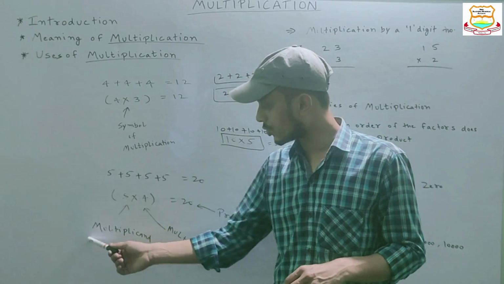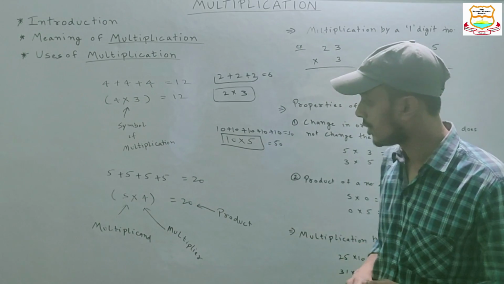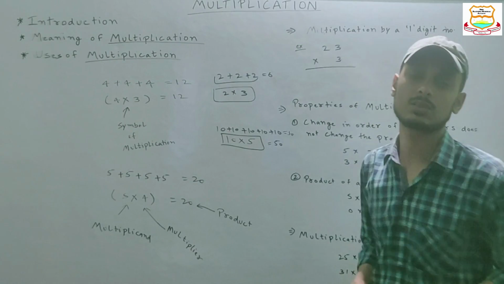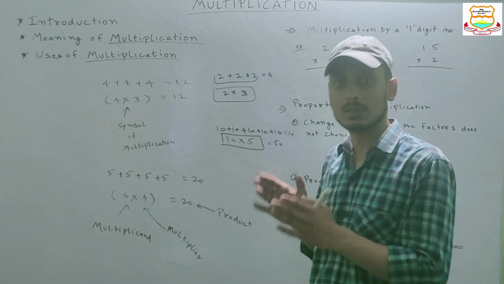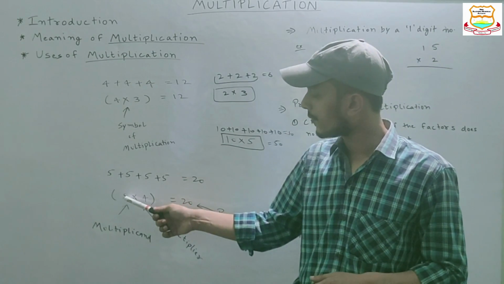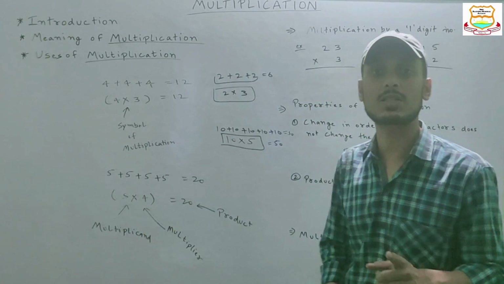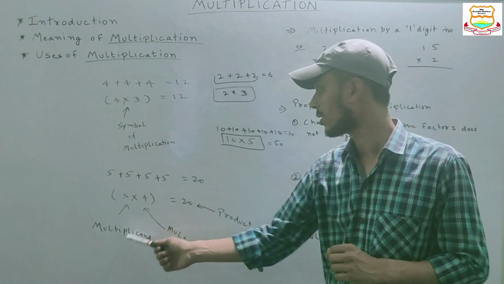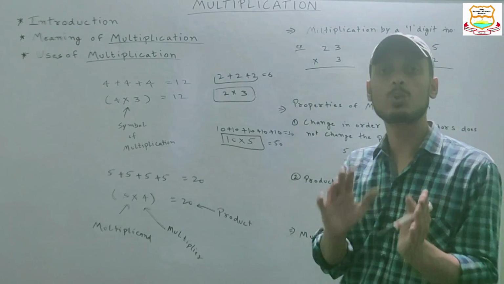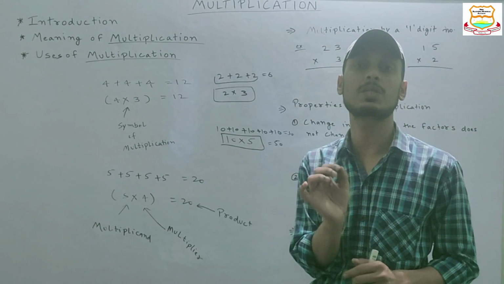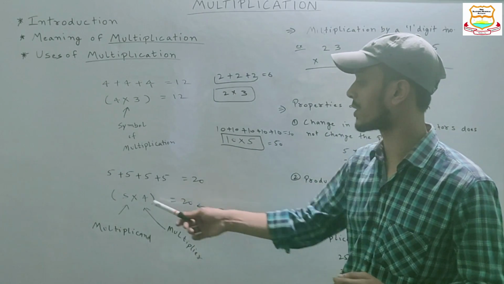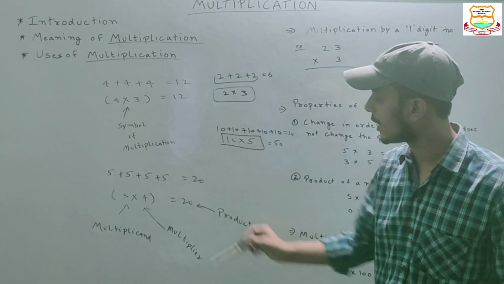There is one thing to be noted here, very important. In multiplication, these two numbers are called factors and they have special names. 5 is called the multiplicand. 4 is called the multiplier.